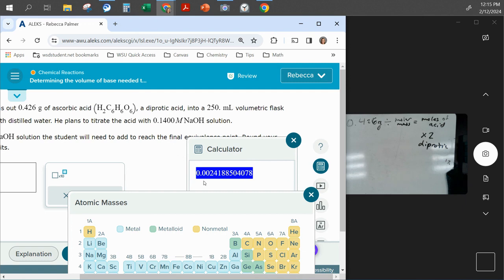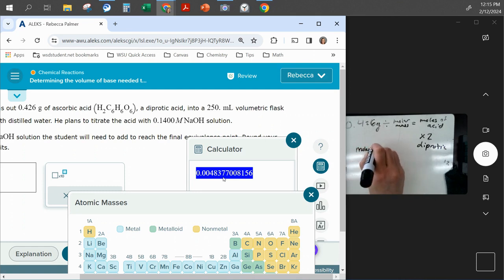So this is going to be the number of moles of acid, but we need hydrogen ions, so we're going to multiply by 2 because we're going to get 2 hydrogens for 1 mole of acid. Okay, so this is the moles of H+.